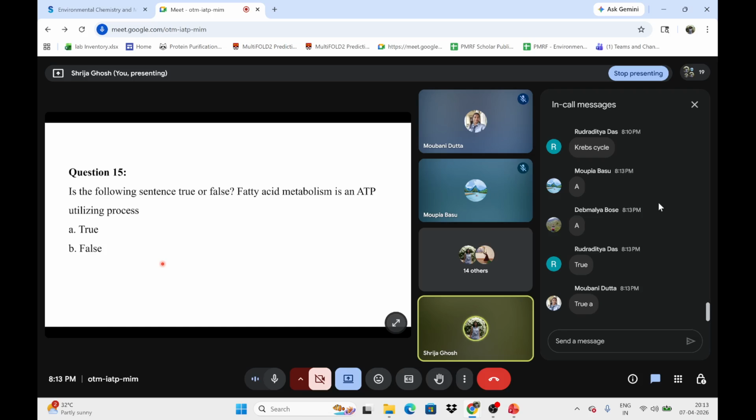Is it an ATP utilizing process or an ATP generating process? Think. Is it using ATP or is it making ATP?